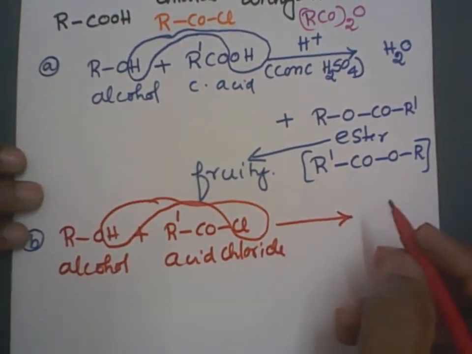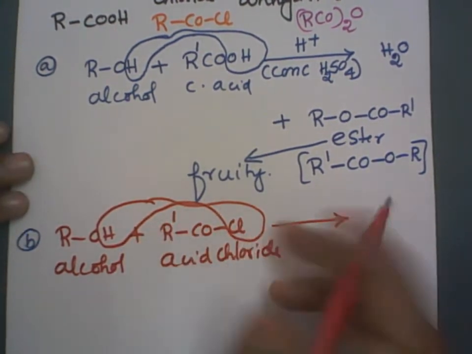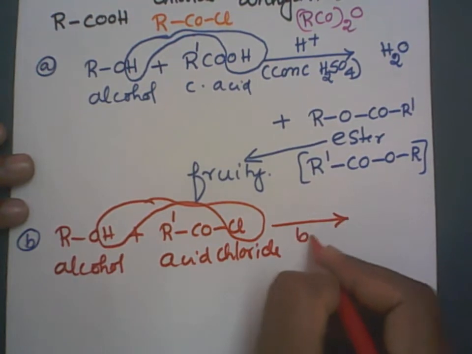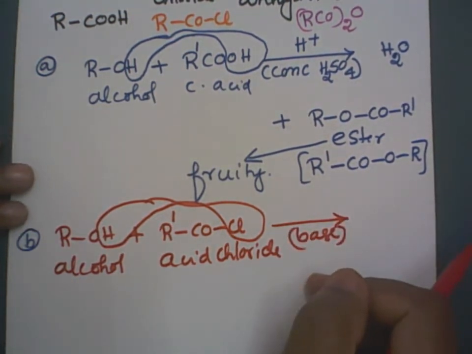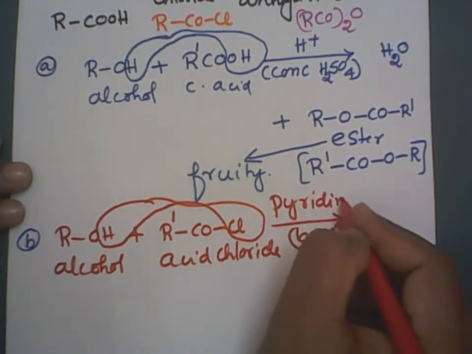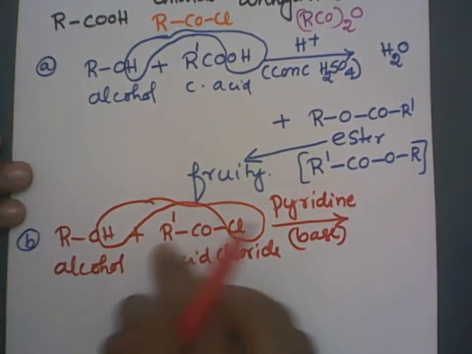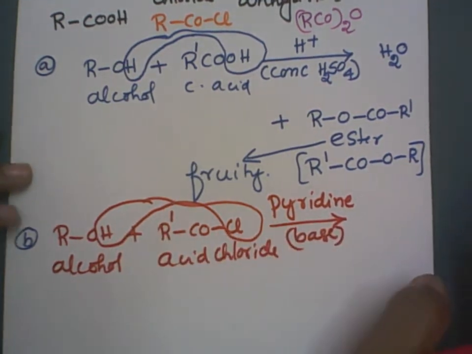Hydrochloric acid is an acid, correct? To remove an acid, we require a base. We make use of an organic base, a weaker base, and that is pyridine. Pyridine is a very good organic base to remove the acids from the substance to form the salt.